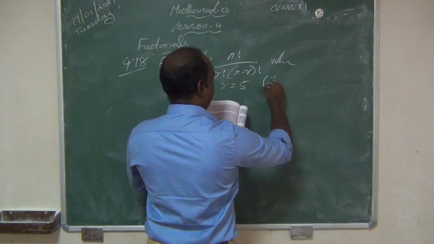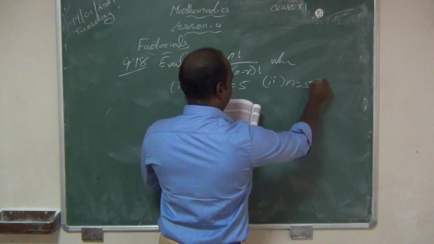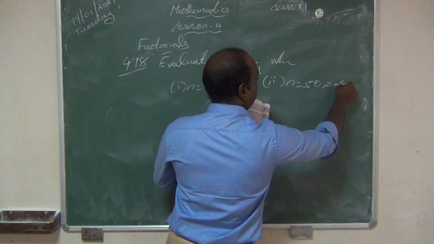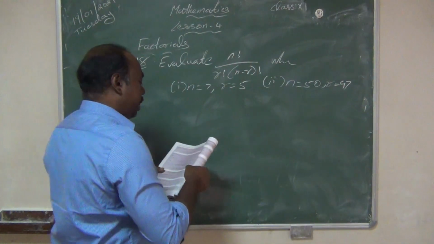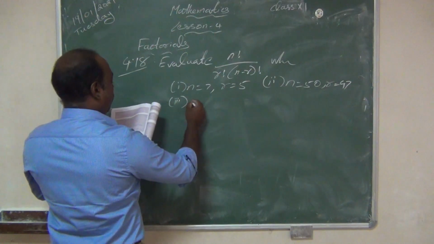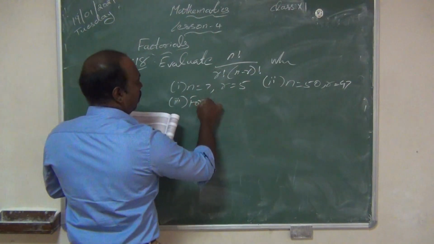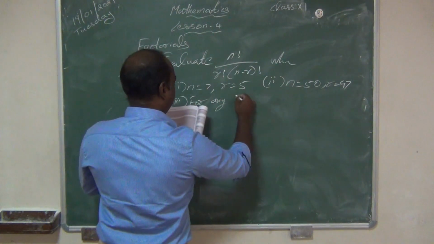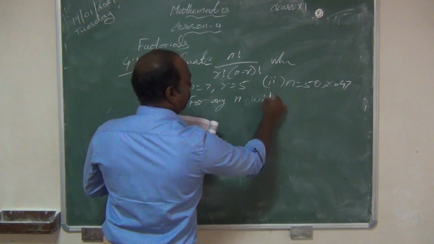Second part, n equal to 50, r equal to 47. Third part, for any n with r equal to 3.